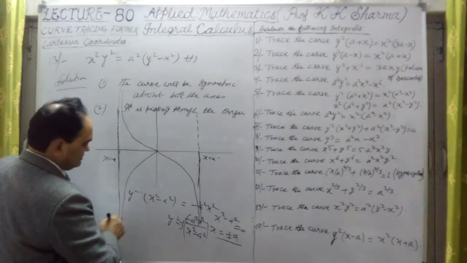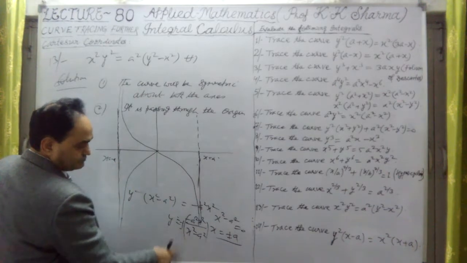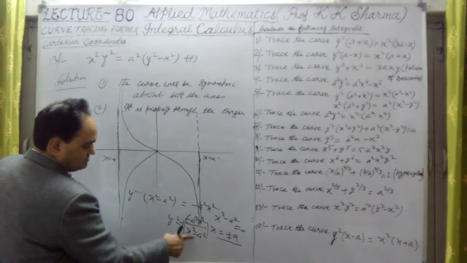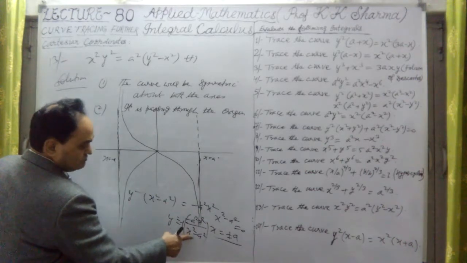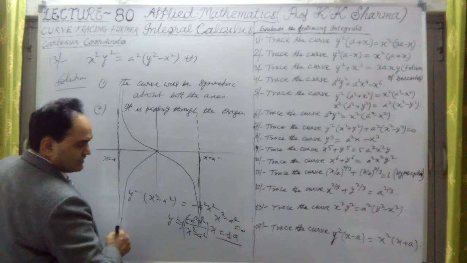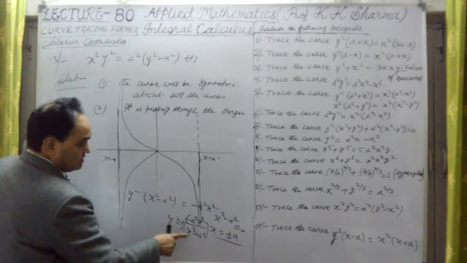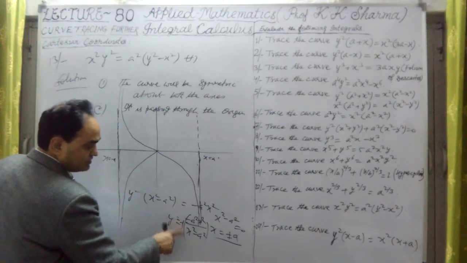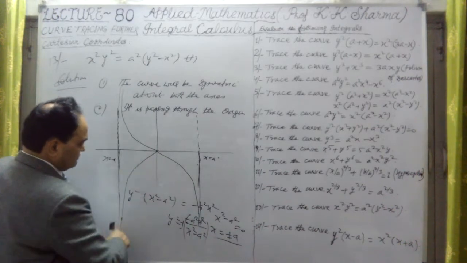And as x tends to minus a, a square minus a square is 0. Something upon 0 is infinity. This y will be plus minus infinity. It means plus infinity and minus infinity.